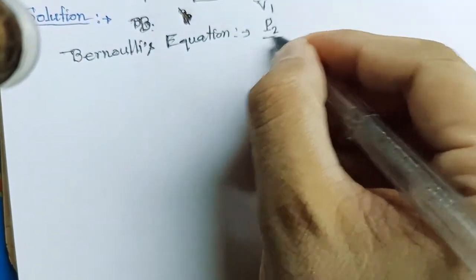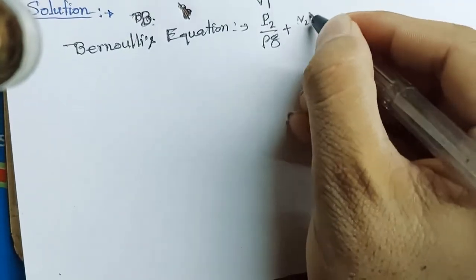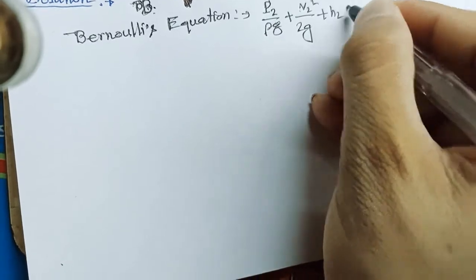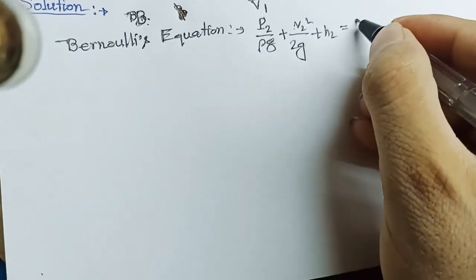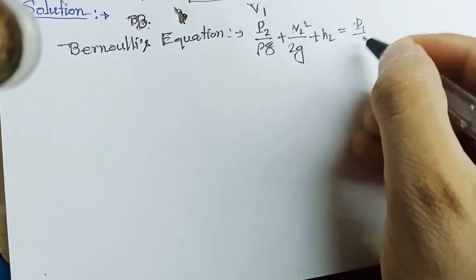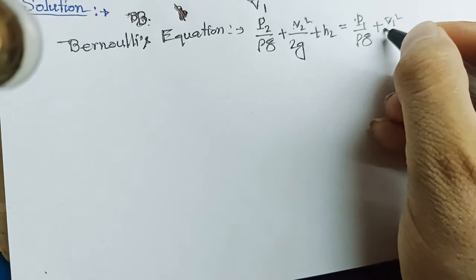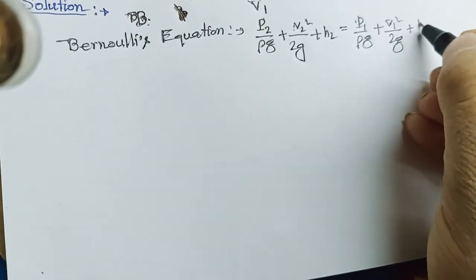P2 divided by rho g plus V2 square divided by 2g plus H2 is equal to P1 divided by rho g plus V1 square divided by 2g plus H1.